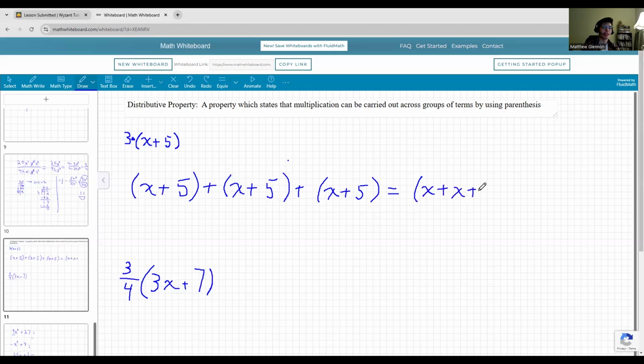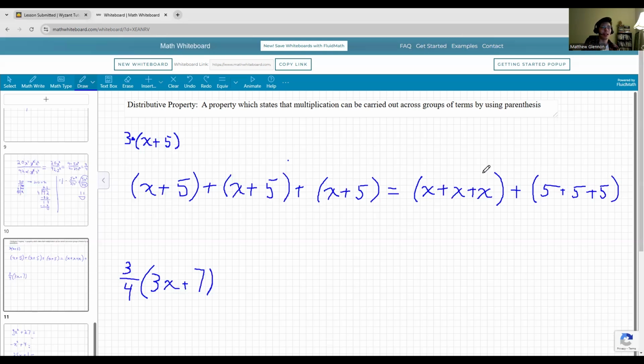So as such, we can count that we have 3 x's, and we'll add all of those together. And keep in mind, we're just going to keep the pluses because we're only dealing with addition. It'll be 5 plus 5 plus 5. Now, we could instantly add them all together and get our answer, but I'm going to use that same rule that we just used where multiplication is repeated addition.